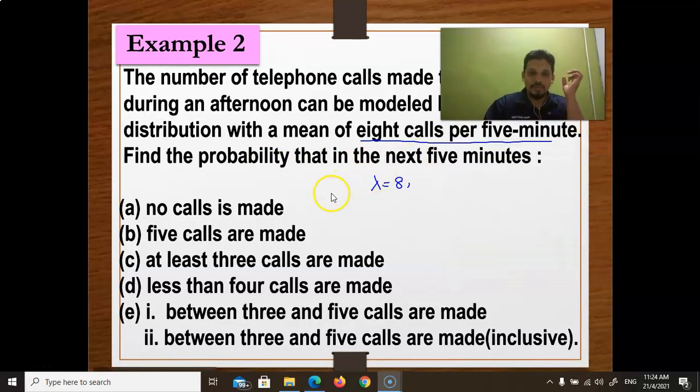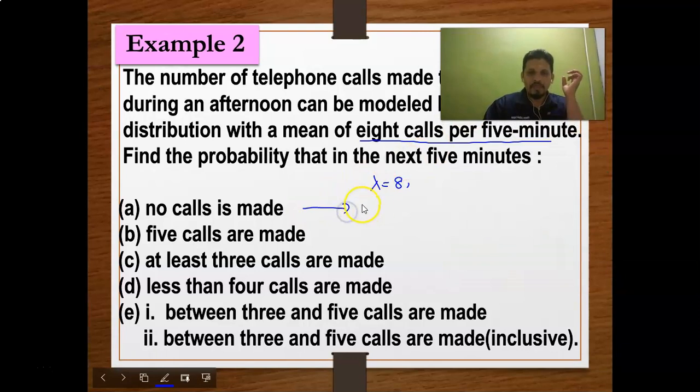So for this one, probability of x equal to 0 is e to the power of negative lambda, lambda equal to 8, times 8 to the power of 0, divided by 0 factorial.